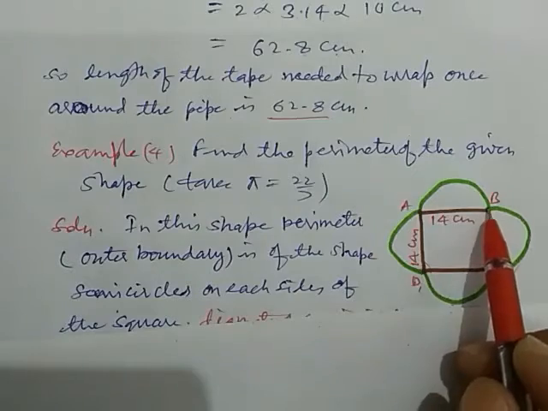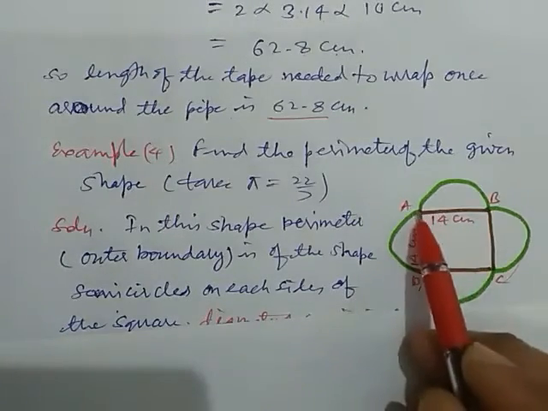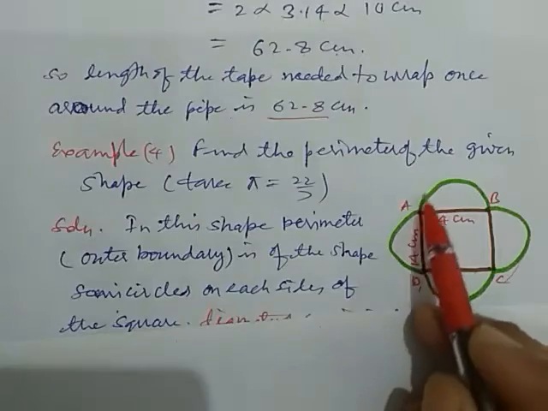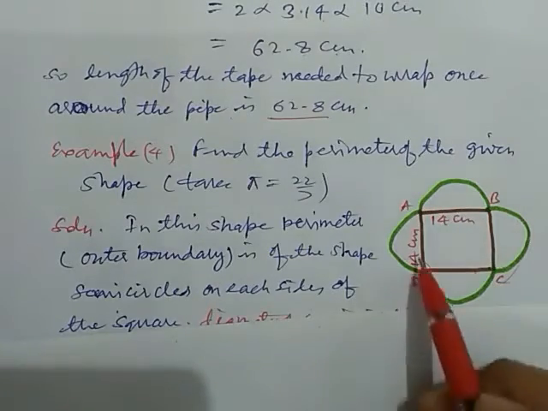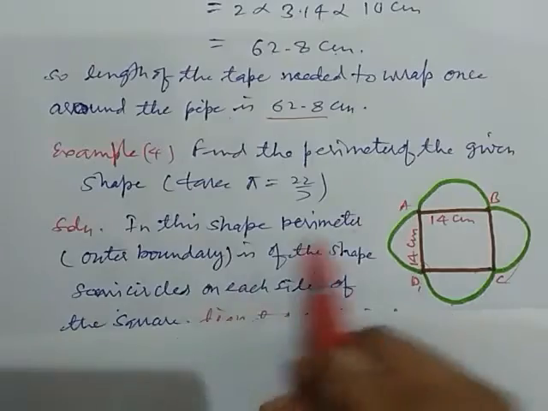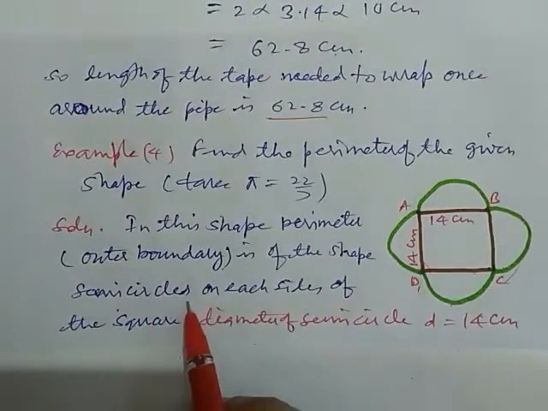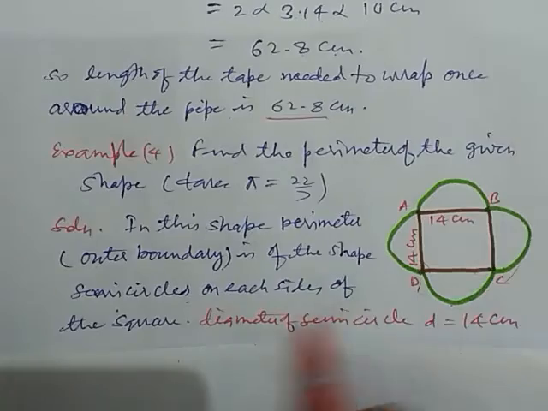The square is not used because it is inside and the boundaries are outside. So the outer boundary of the shape is the semicircles on each side of the square.